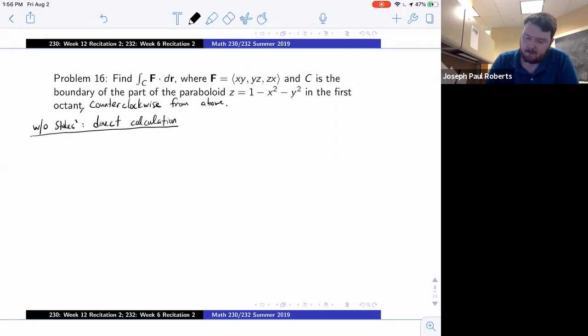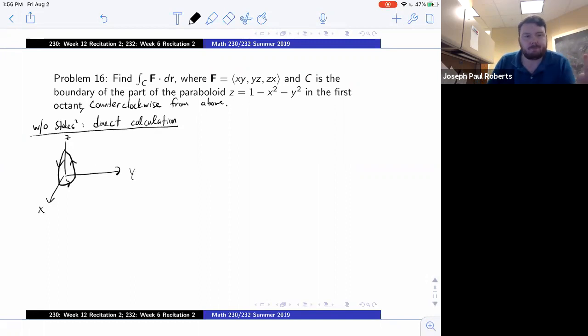So, okay, our curve, we have this paraboloid that opens down from z equals 1, but then we're looking at the part of that paraboloid in the first octant. So it's going to look something like this. And counterclockwise from above, we'd have something like that.